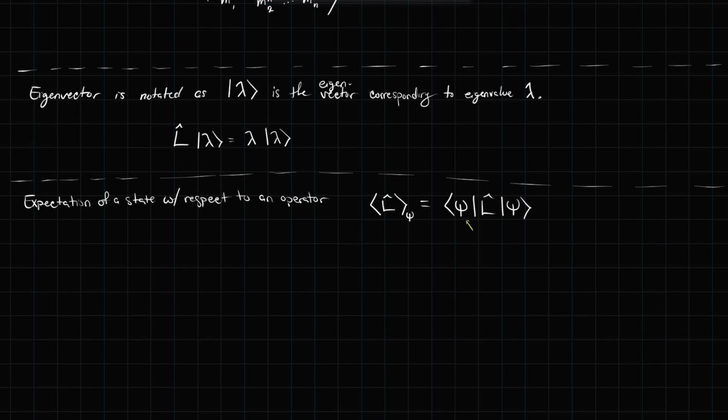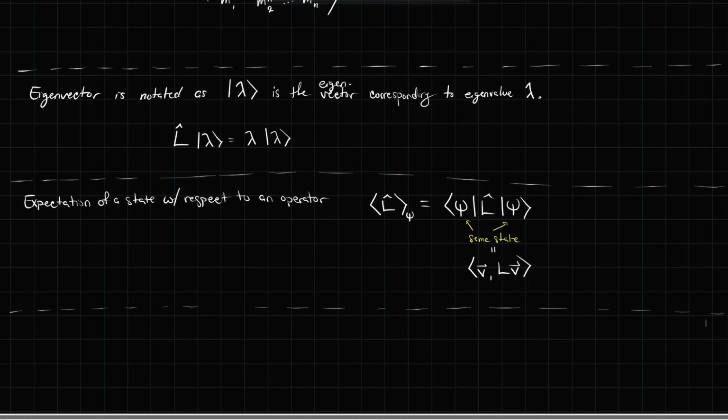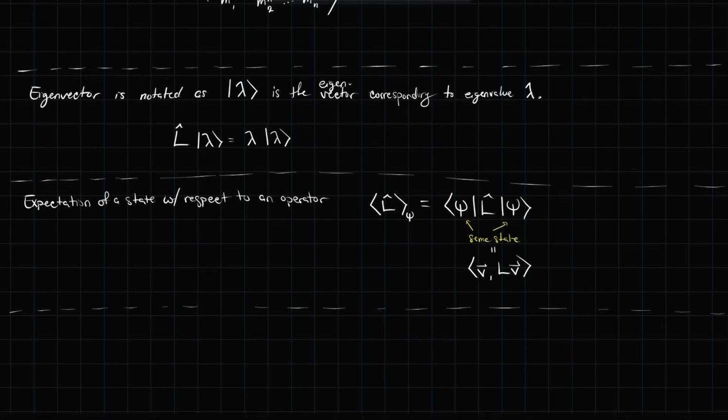So these are going to be the same state here. But what is that in terms of linear algebra, right? This is just this inner product, v against L on v, which shows up all the time in terms of computing Hermitian or symmetric or orthogonal, etc. So that's called the expectation. So those are kind of like our original translations that we can work with.